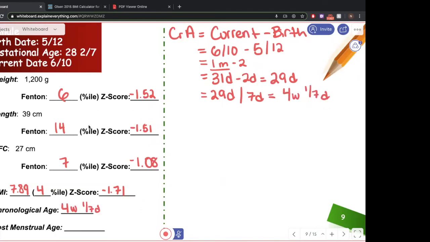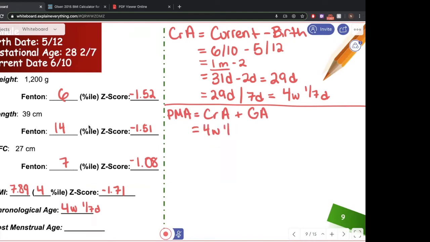Now the postmenstrual age, again, will be the chronological age plus our gestational age. In this case, we have 4 weeks and 1 day chronological, plus up here, the 28 weeks and 2/7 days. Add up the weeks and the days, and we get a postmenstrual age of 32 weeks and 3/7 days.